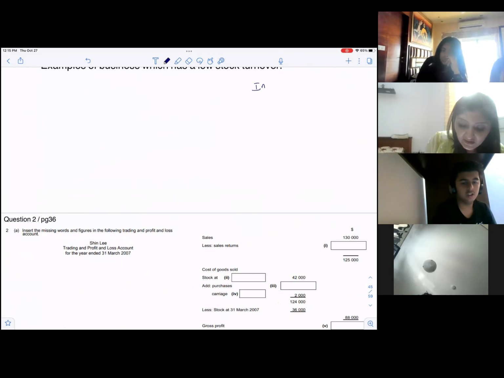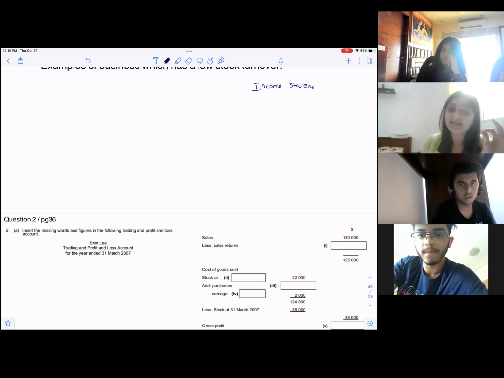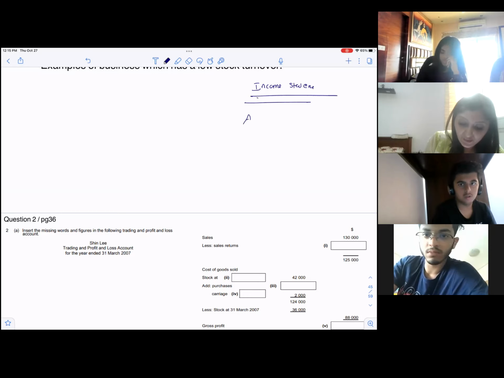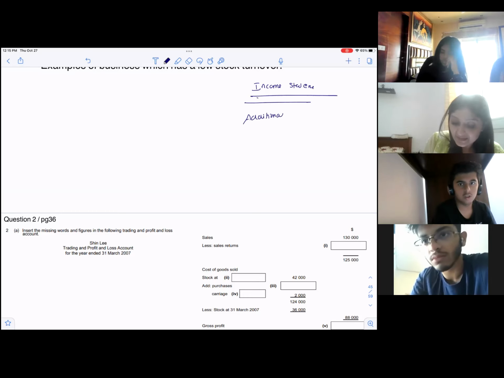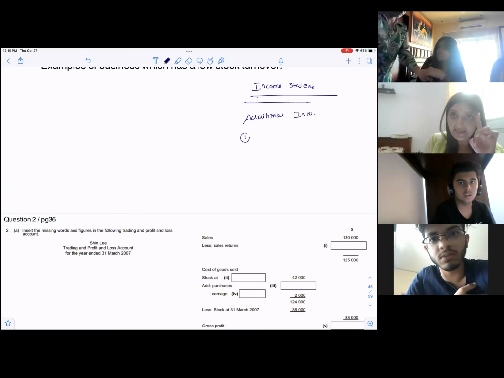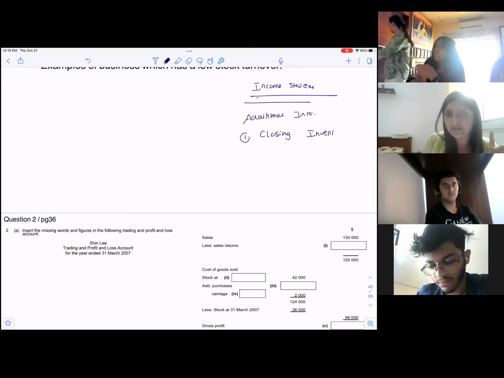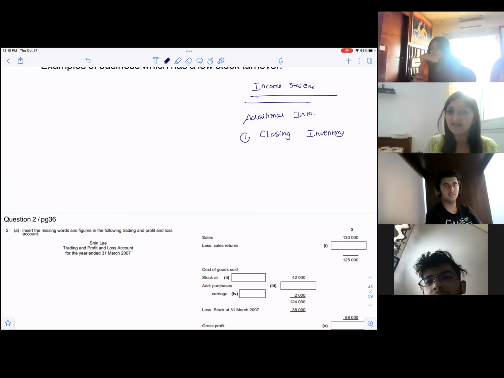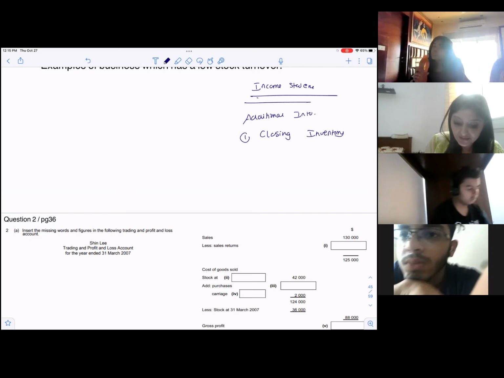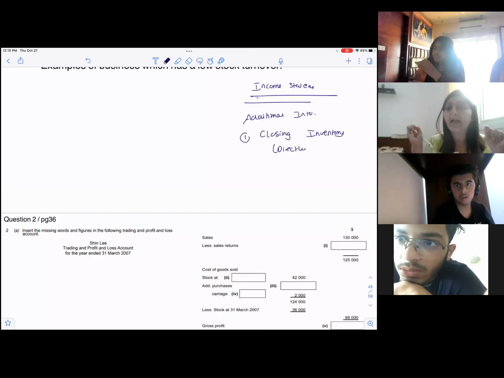Whenever you do a sum of the income statement, there is one thing that has to compulsorily come in your additional information: your closing inventory. Either they directly give you your closing inventory or they indirectly give it. If directly, no problem, you just take it and put it.